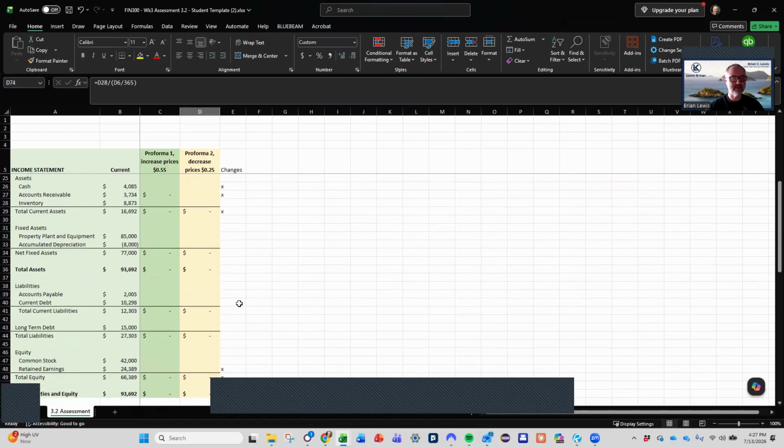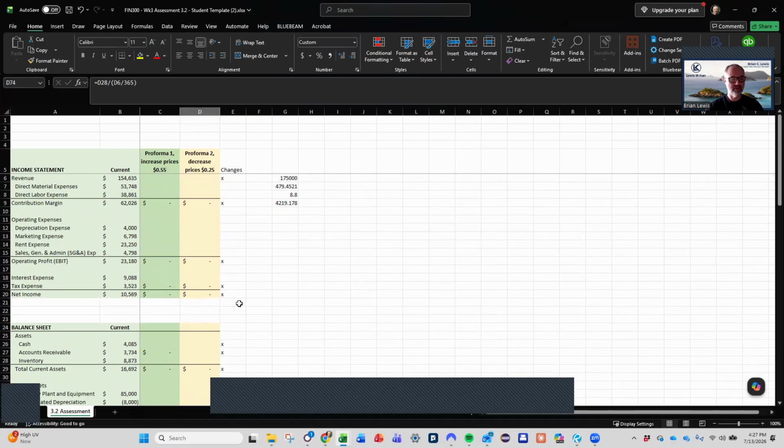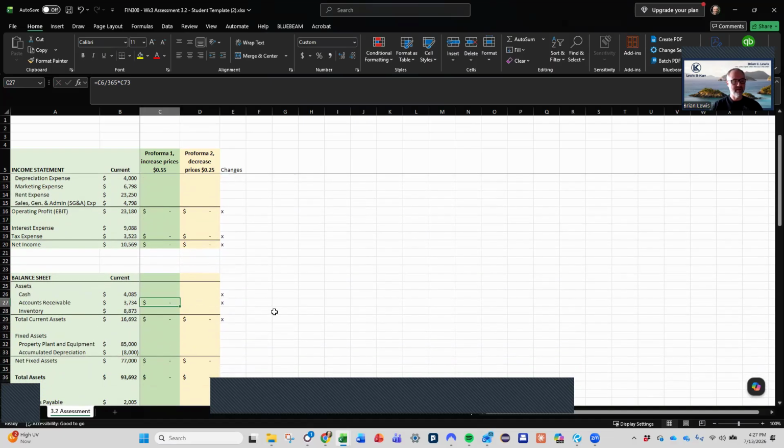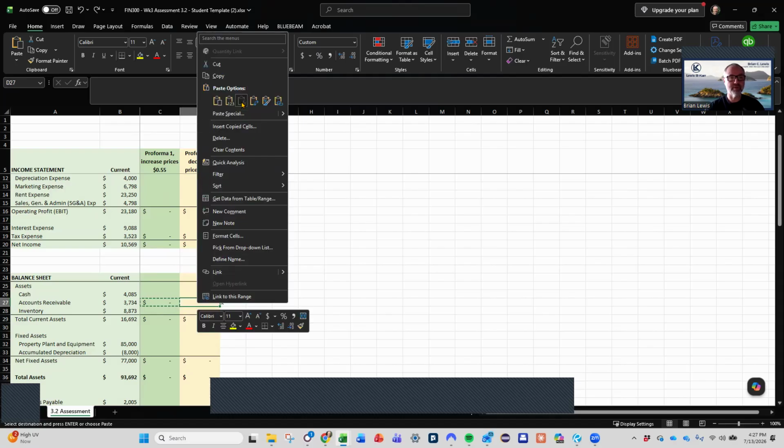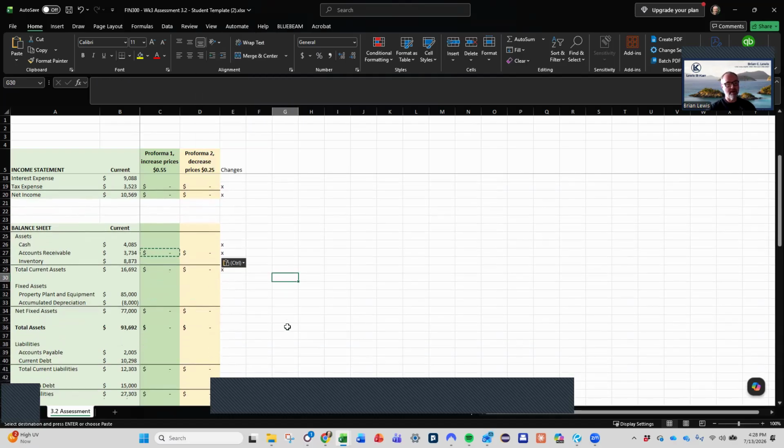And so when I take this formula and copy and paste it right there, whoops, I didn't want to do that because it changed the color. Let's do formulas. Okay, so now I've got it in a way that the accounts receivable is matched.